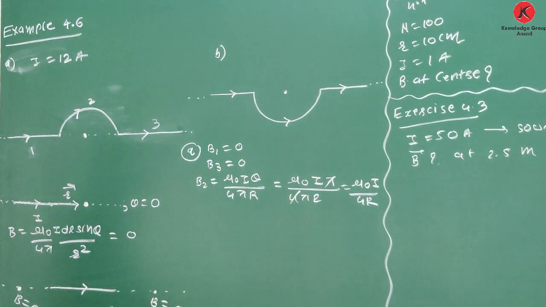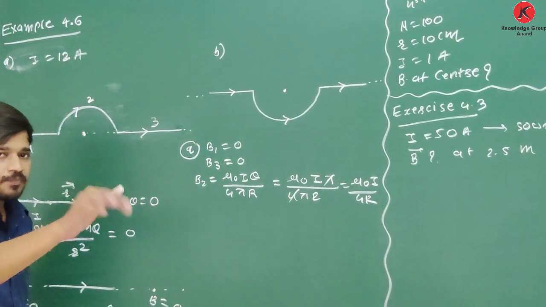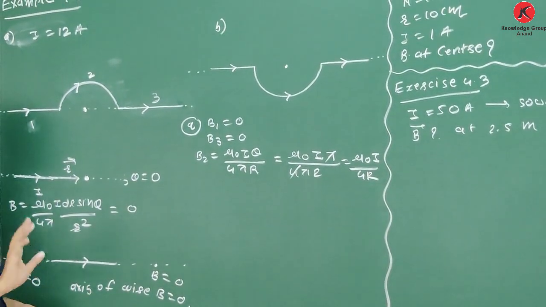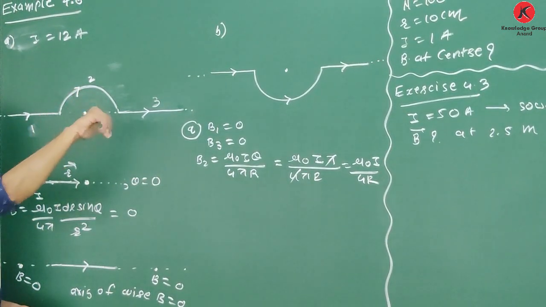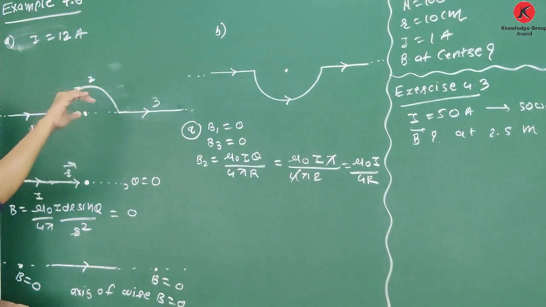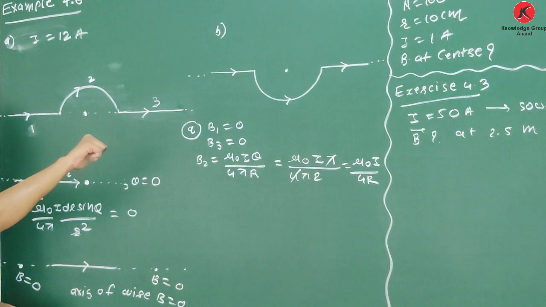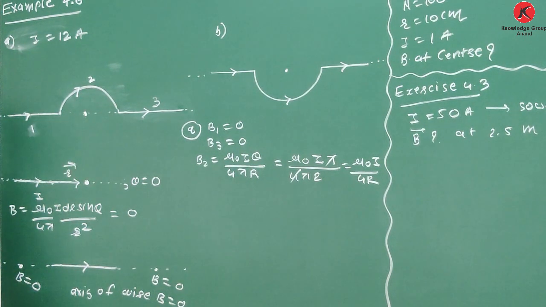What is the direction? See how to find the direction of the magnetic field. Right hand: wrap your fingers in the direction of current, and the thumb indicates the direction of the magnetic field. This thumb is perpendicular to the page, going inside.